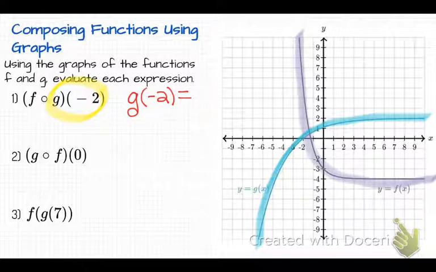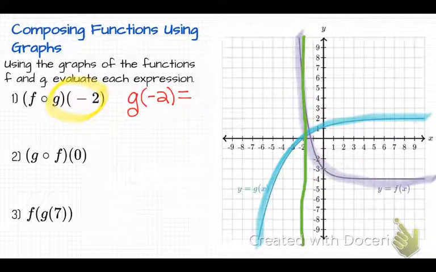For number 1, what is the first thing that I need to find? G of -2. So that number -2, I'm always going to go to x equals whatever that number is. So I'm going to go to x equals -2. And you don't have to draw this, but I'm going to draw a vertical line every single time so you guys can see it up on here.